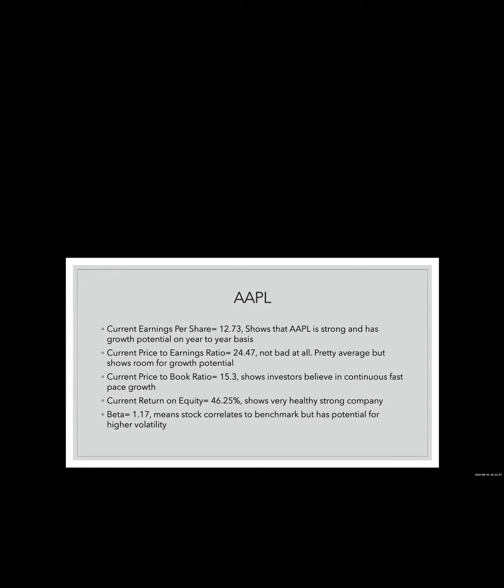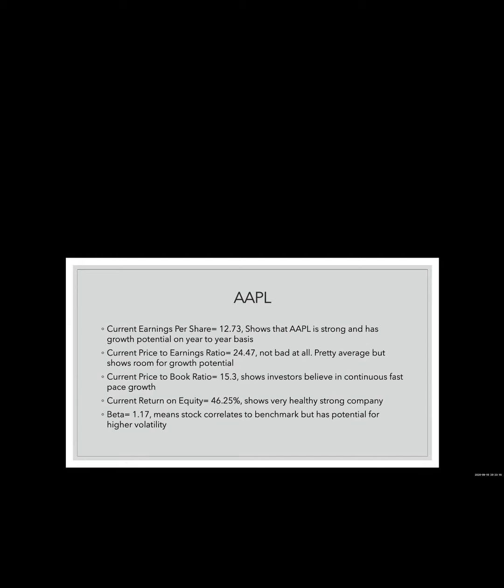And then current return on equity, 46.25%. So that's very high. Remember the hypothetical scenario I gave you guys was only 5%. That's very, very high. It shows a very healthy, strong company. And the beta is 1.17.